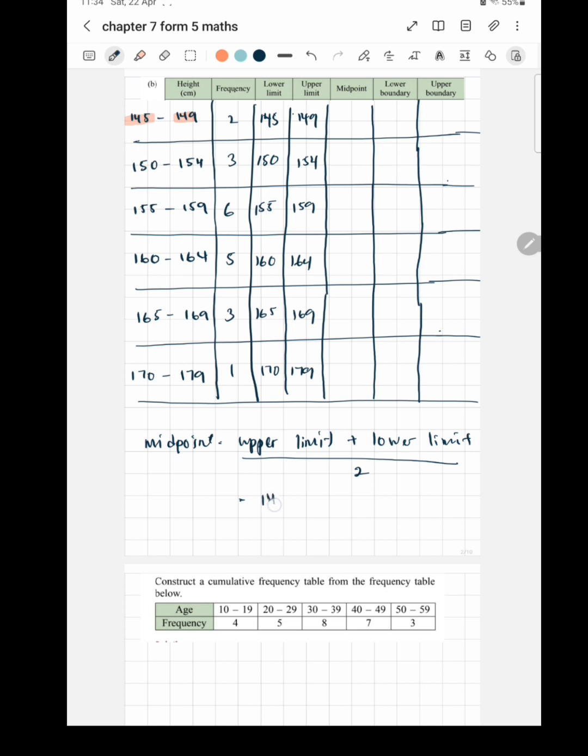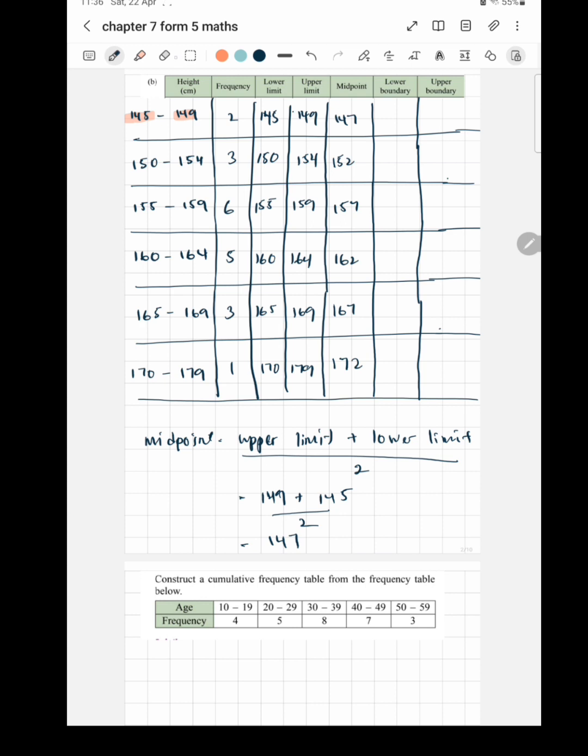So 149 plus 145 divided by 2, and go ahead and calculate it. I'm getting the answer 147. I'm going to go ahead and fill the others up.